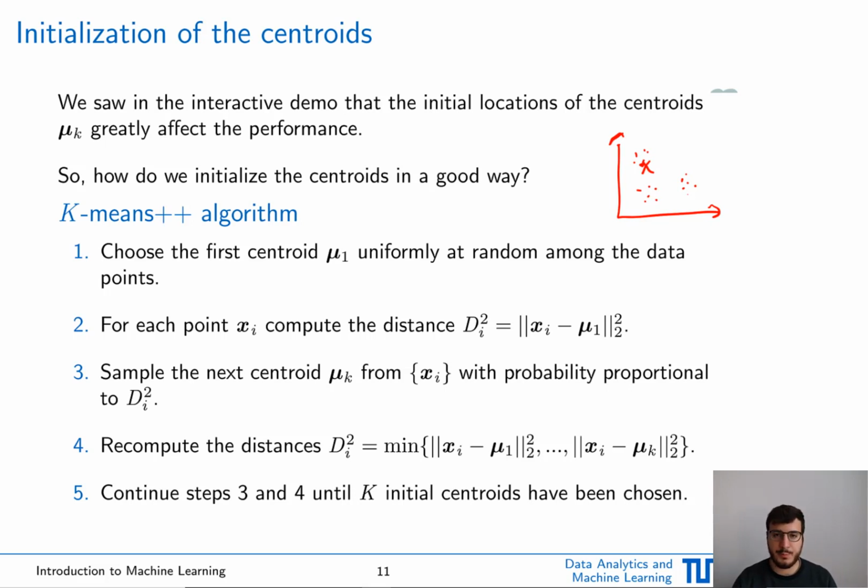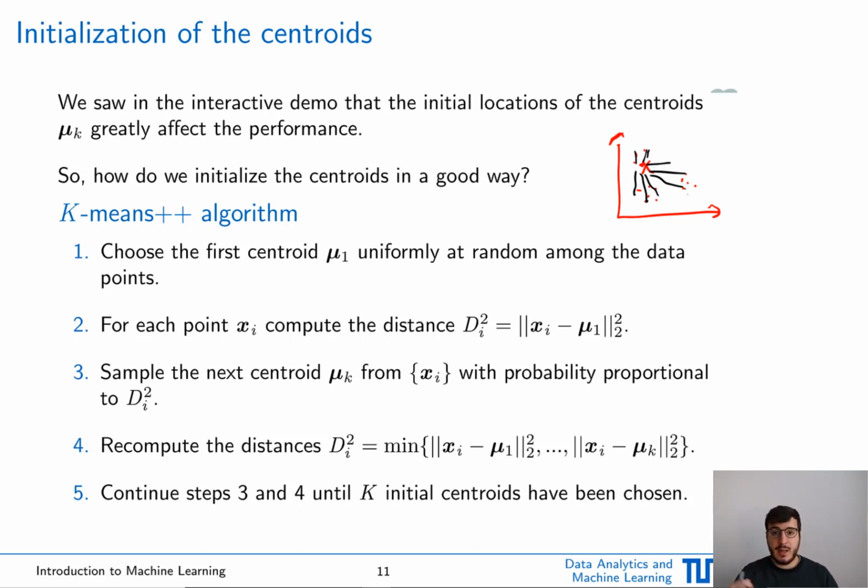So we start with our first centroid, which is chosen uniformly at random from one of the data points. Then we compute the distance from all of the other data points to this first centroid, or the distance squared, which is this d_i squared. Now we're going to sample which of these data points we choose as the second centroid in proportion to the distance.